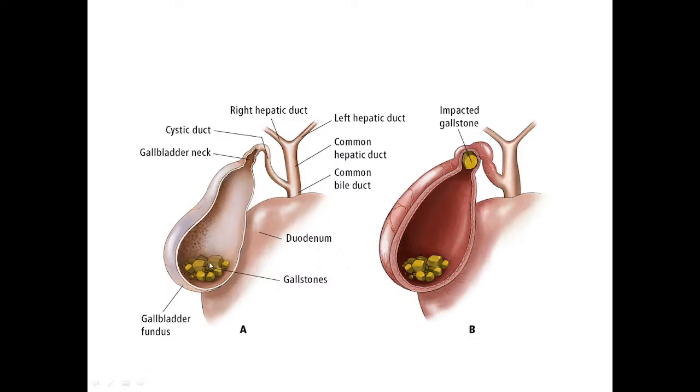You can see gallstones inside the gallbladder, and if one stone passes into the gallbladder neck, it causes obstruction. These are complications of cholecystitis with gallstones.